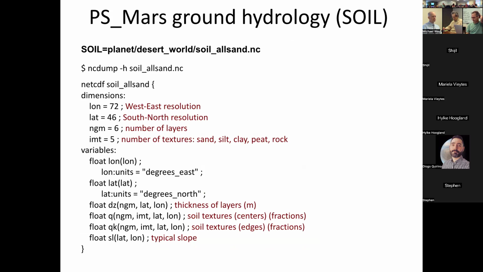At the top are the dimensions of this file: latitude, longitude, distribution, then 6 layers of soil and 5 types of soil. At the bottom, you specify D, which is thickness, Q, which is soil thickness, and QK, which right now is the same file, the same information basically repeated, and SL is a local slope.